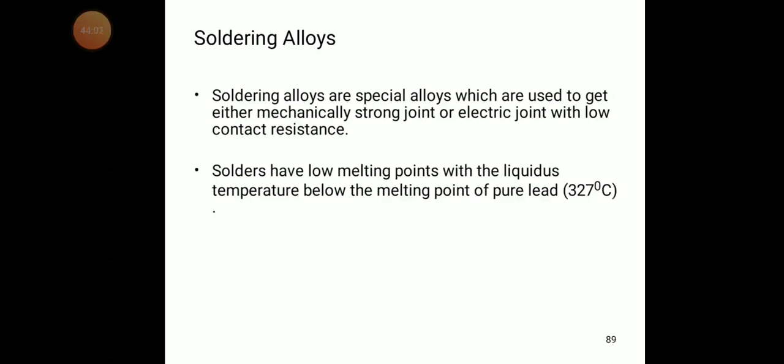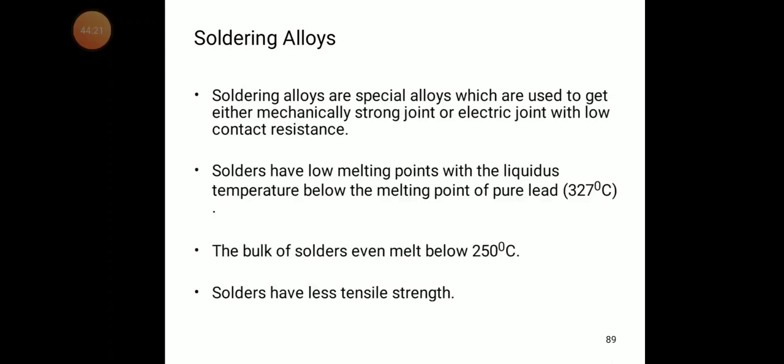Solders have low melting points, with liquidus temperatures below the melting point of pure lead, that is 327 degrees centigrade. The bulk of solders even melt below 250 degrees centigrade. Solders have less tensile strength.